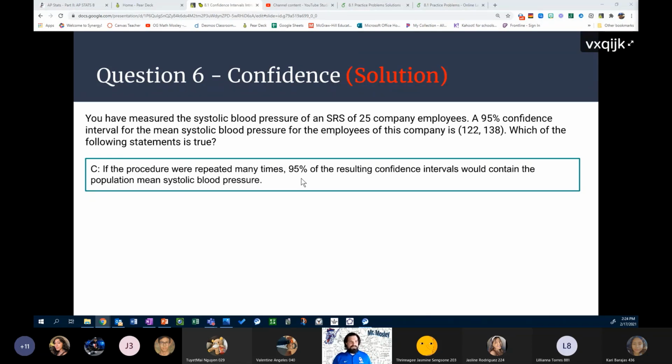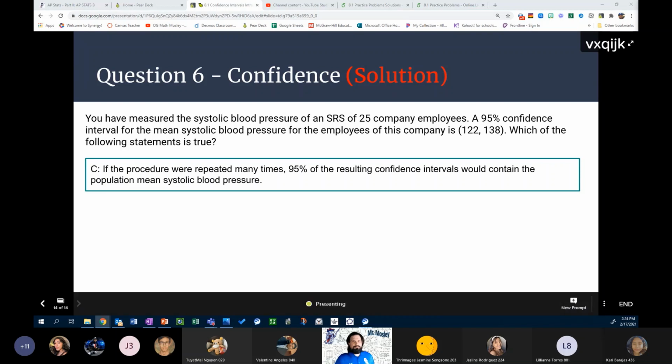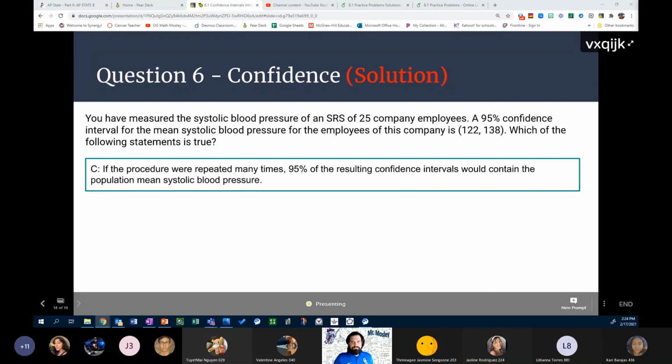So those are also words in these contexts that don't belong. Is there anything I can clarify on this one? Okay.